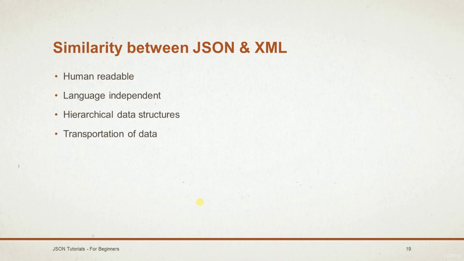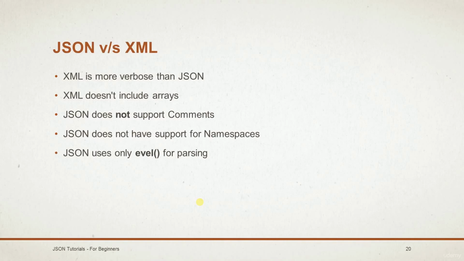Okay, now moving to the differences between both of them. XML is more verbose than JSON, so it is faster to write JSON compared to XML. XML does not include arrays whereas JSON includes arrays.